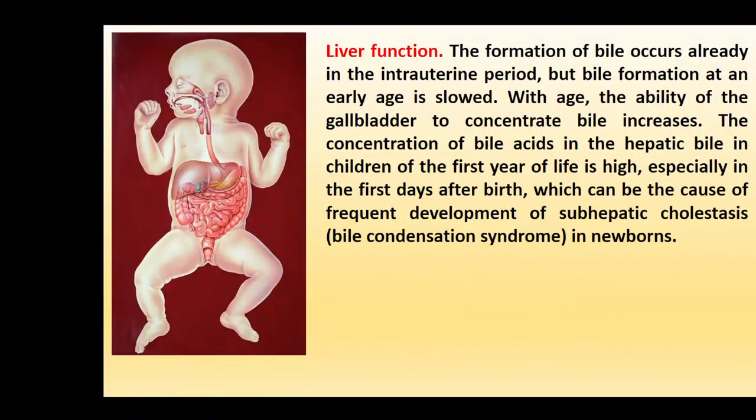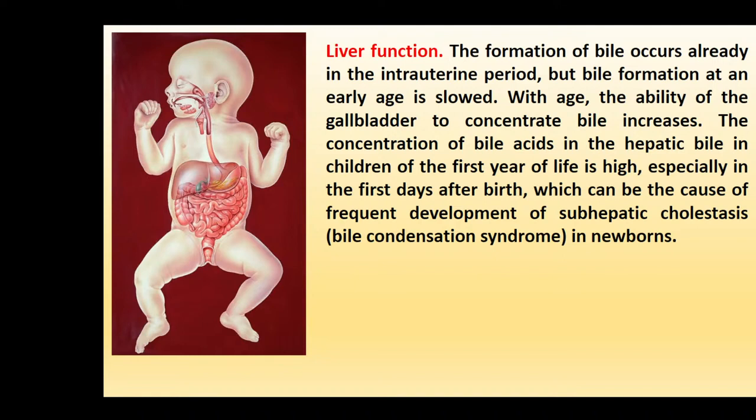Liver function, you remember. The formation of bile occurs already in the intrauterine period, but bile formation at an early age is slowed. With age, the ability of the gallbladder to concentrate bile increases.